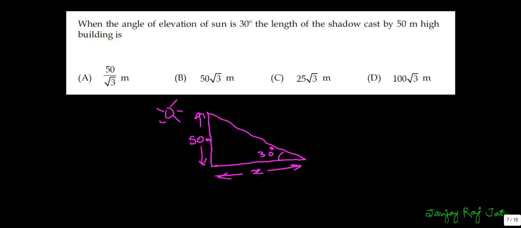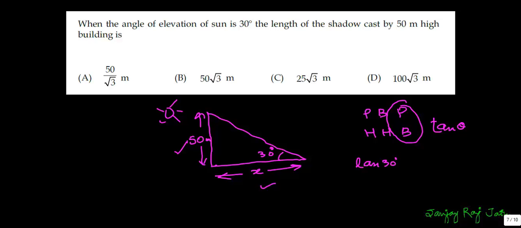So first of all, let us do it by, okay, let's use Pandit Badri Prasad Har Bole also. Here we are involving perpendicular and base. So the ratio that we will use is tangent theta. So tangent of 30 degrees is equal to perpendicular divided by base.